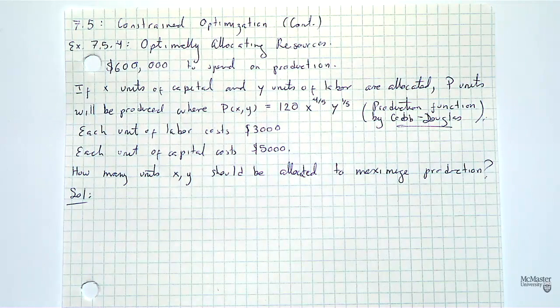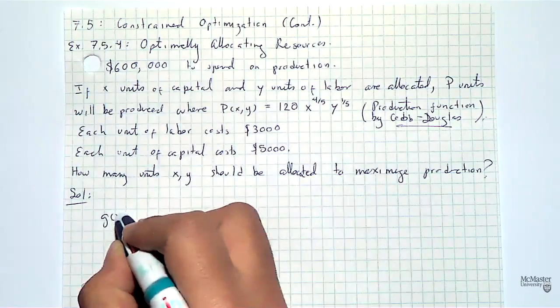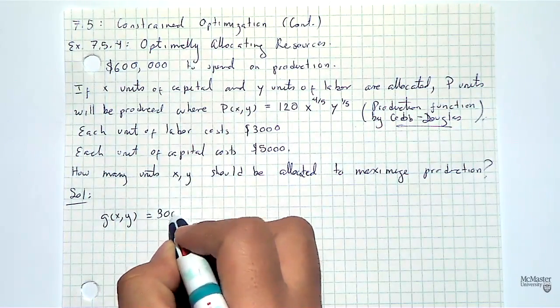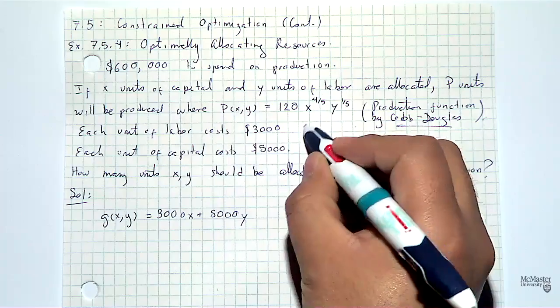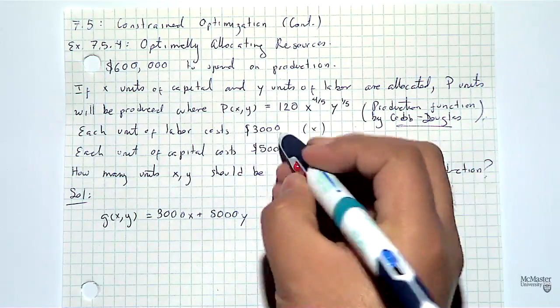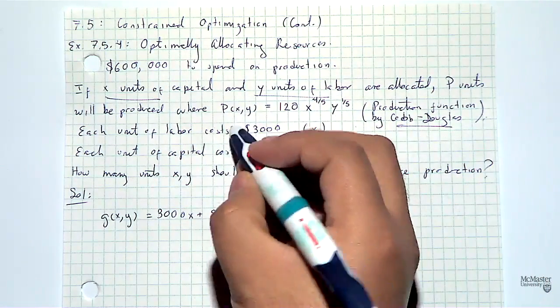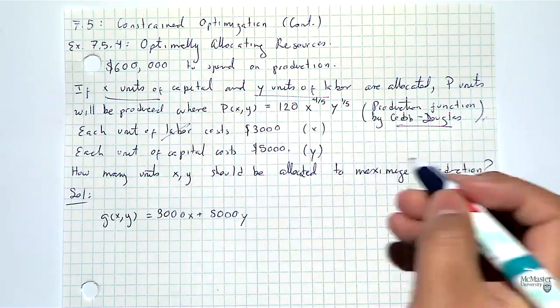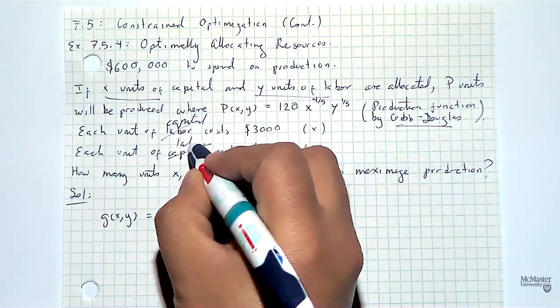Actually, yeah, there is probably a typo in the book, because actually what we will have is a constraint function of the form 3000x plus 5000y. But this should be accompanied by x and y. So since x is related to the capital and y is for the labor, it should be capital, it should be labor.